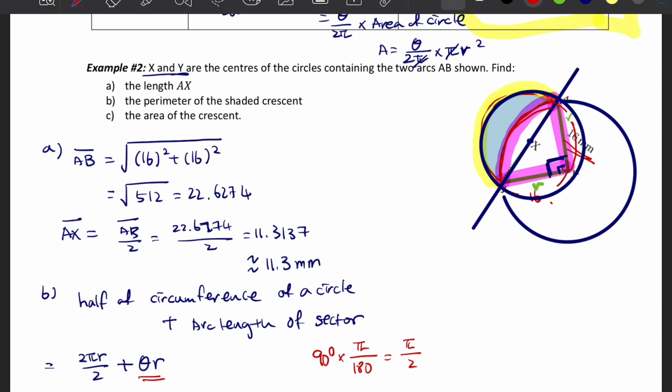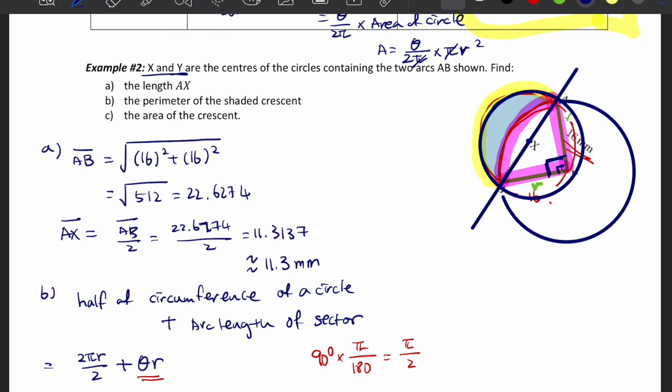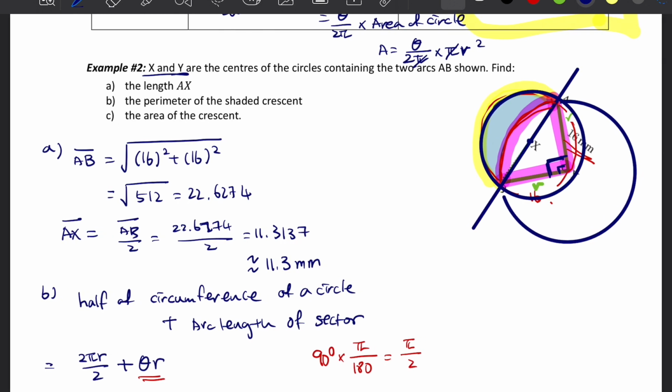So we're going to do pi over 2 times 16. Then we get 16 pi plus 8 pi, which is equal to 24 pi, right? Then this is your answer for B.